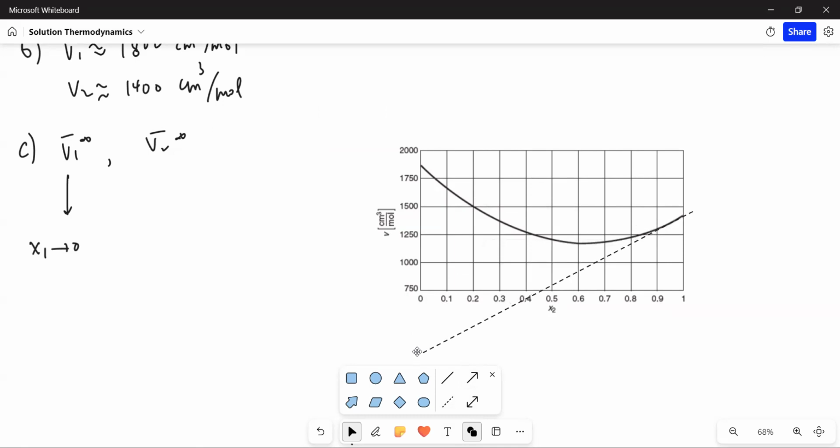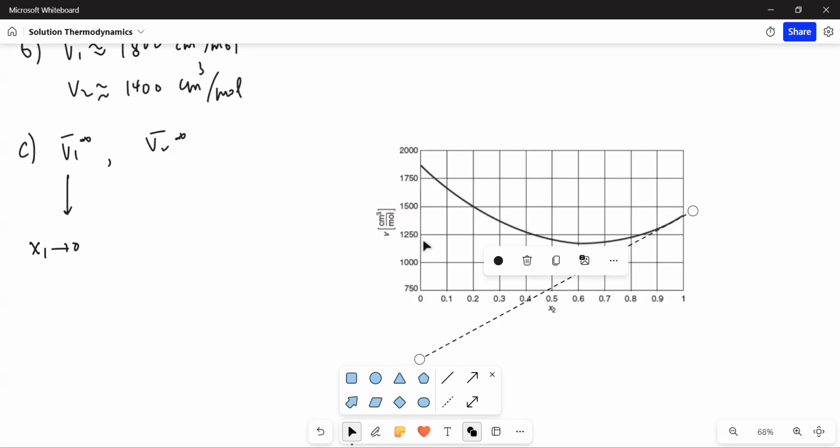It looks something like this. It represents the line where the tangent line touches the point where x1 is 0. So that's the point x2 equal to 1, so this line is tangent to x2 equal to 1.